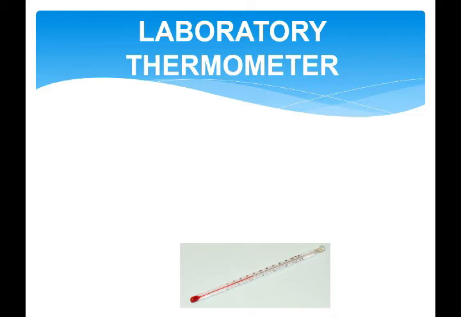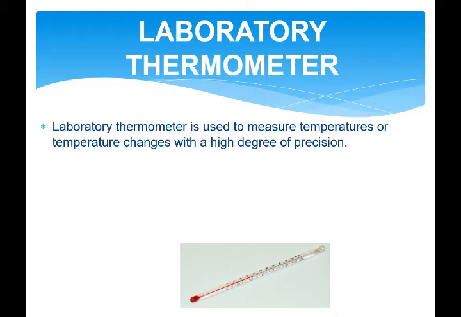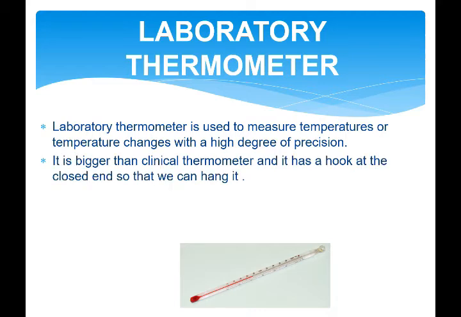Now we will move to the laboratory thermometer. A laboratory thermometer is used to measure temperatures or temperature changes with a high degree of precision. It is bigger than a clinical thermometer and it has a hook at the closed end so that we can hang it.